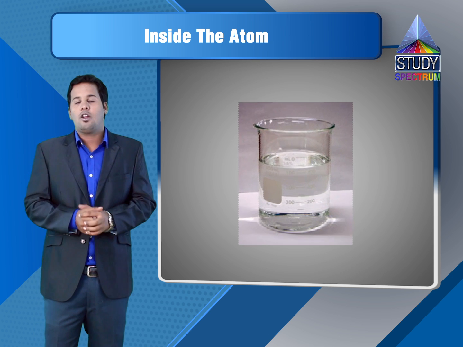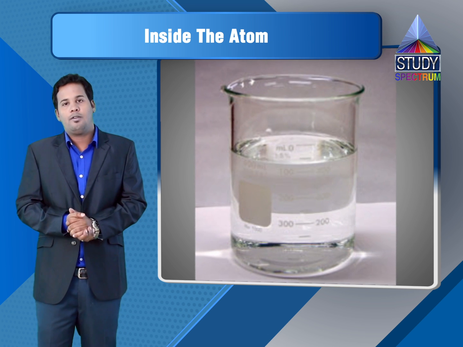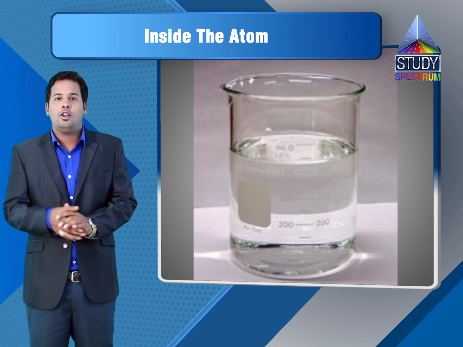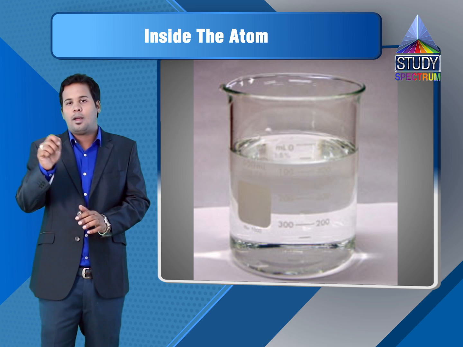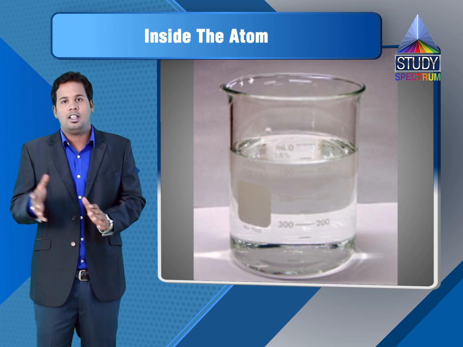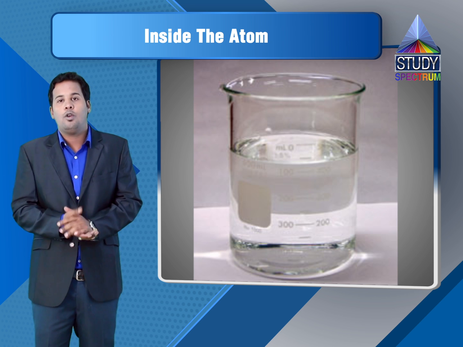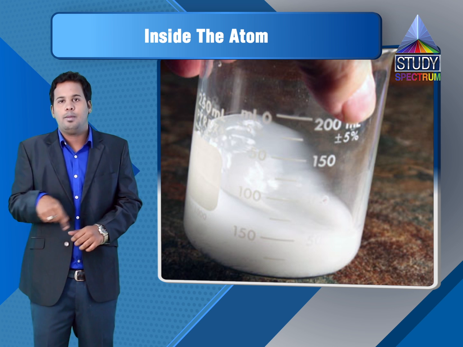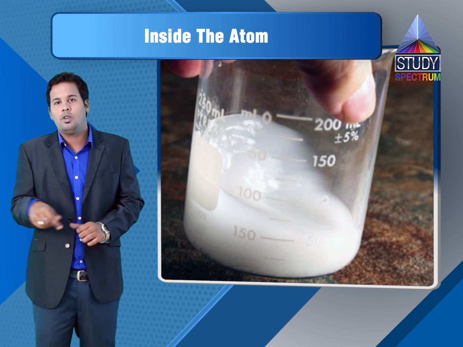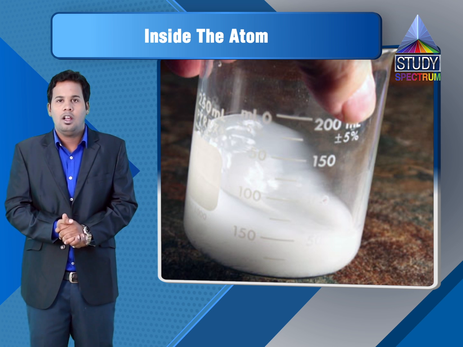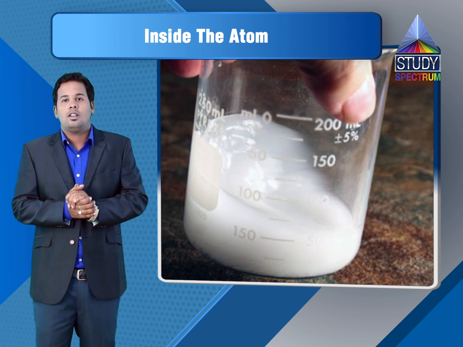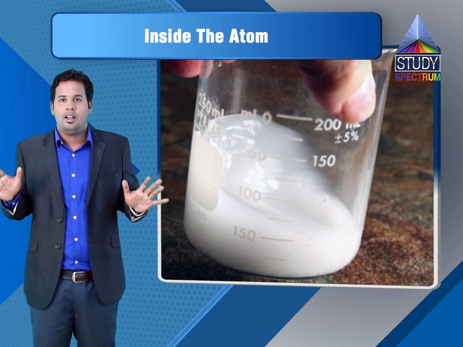Suppose you take a glass beaker filled with 100 ml of water, and you pour some salt, NaCl, maybe 2 teaspoonfuls, into it and mix thoroughly. Slowly you will observe the salt starting to vanish.